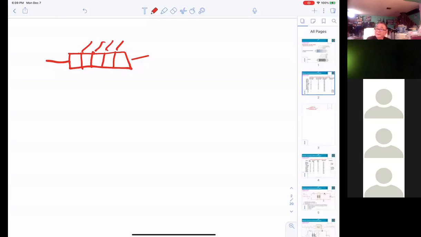Okay, so now the first one will be red. The second one yellow. The next one will be orange. And the last one will be silver.